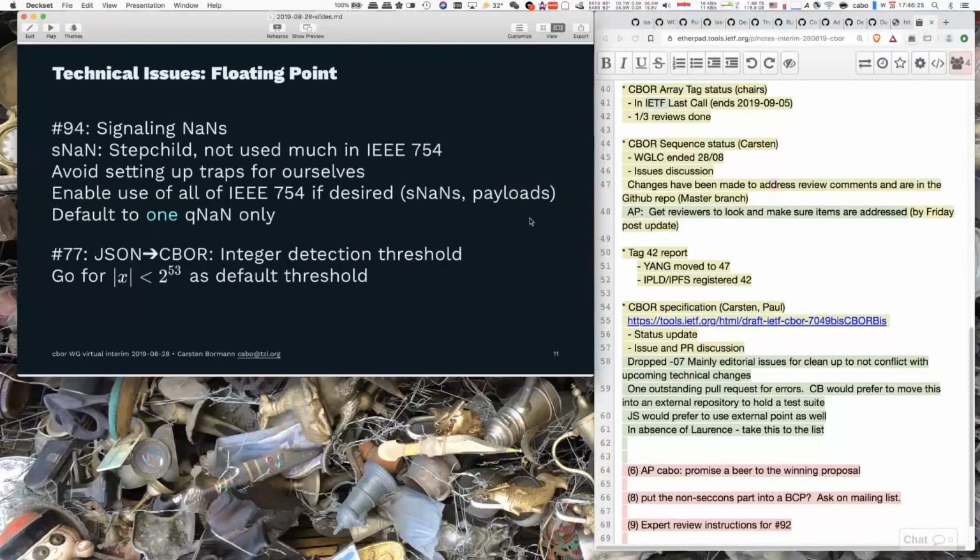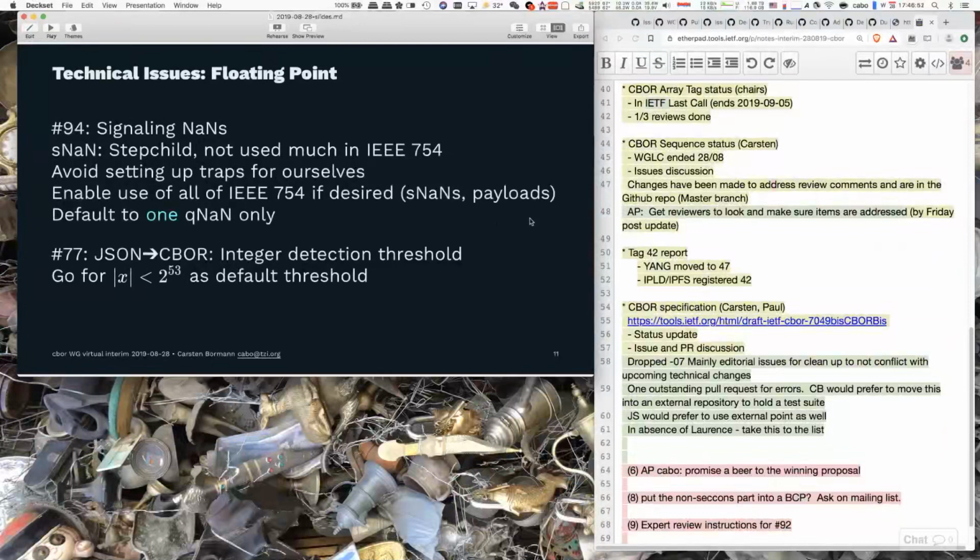So this is a little bit conflicted between the one objective to be able to use all of IEEE 754, because people are using all of 754, and the other objective to keep it simple enough for most people who just want to encode a floating point number without becoming a floating point expert.